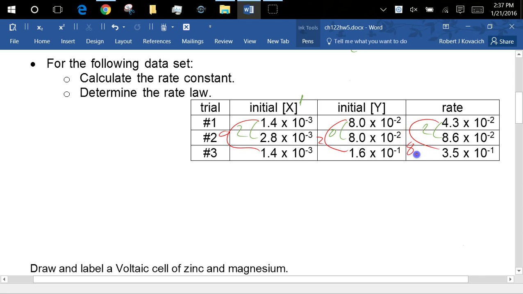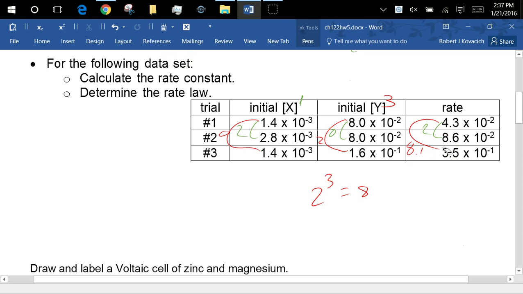This is like 8.13 or something like that. So what order is it with respect to y? Third order? Because 2 cubed equals 8, and so that 8.1 is close enough to the 8 that we'll use that.